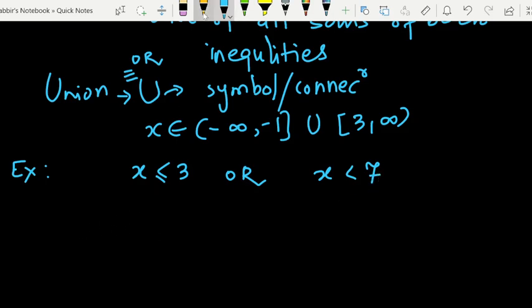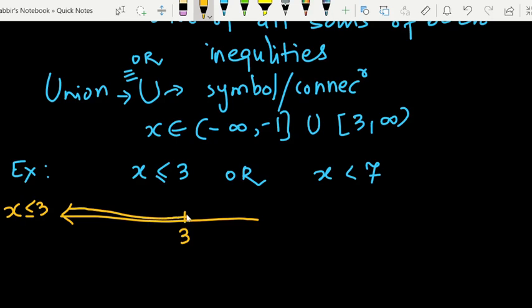So we will draw a number line. We will first plot this: we will mark 3, x less than or equal to 3, and then all the values lesser than 3 we will take. 3 is included here. Now the second, x less than 7, we will plot. 7 lies on the right side of 3, so I will plot 7 here.